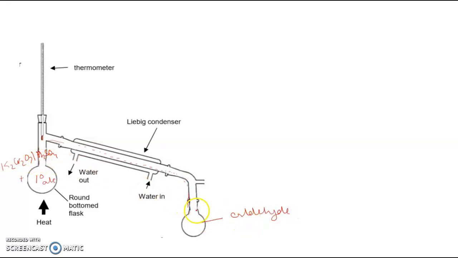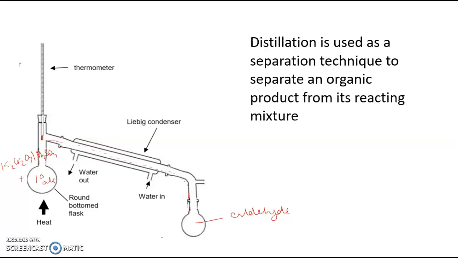Therefore, you are separating the aldehyde from the oxidizing agent and you prevent the aldehyde from getting further oxidized to carboxylic acid. So distillation, as you study at GCSEs, is just a separation technique. Therefore, you've just separated an aldehyde from the oxidizing agent and thereby prevented it from further oxidation.